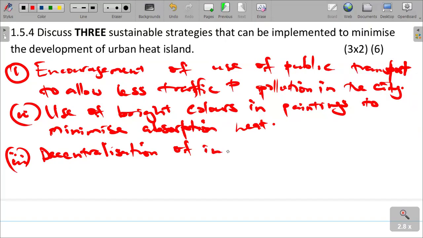It helps to decongest cities, so there are fewer industries, which is also going to reduce the traffic of people as well as pollution in cities. That can also help, and then increase the number of water features to cool the area.